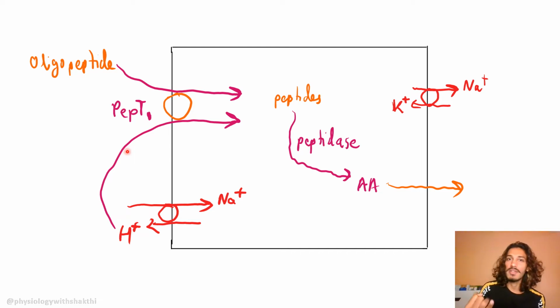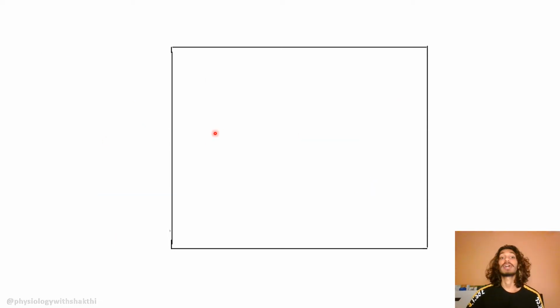So in cystinuria, in Hartnup's disease and all that, you can still end up not having manifestations because of this. And once amino acids are finally formed from your digestion process, they get absorbed.